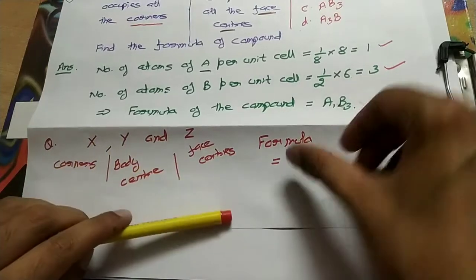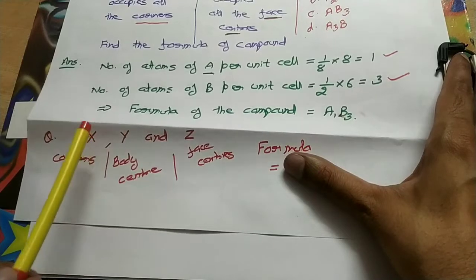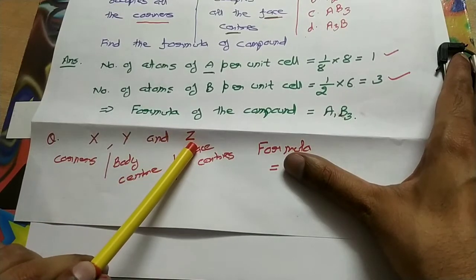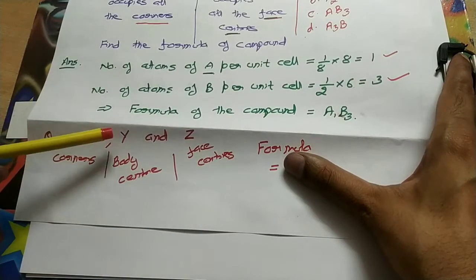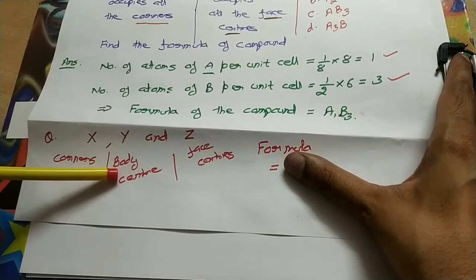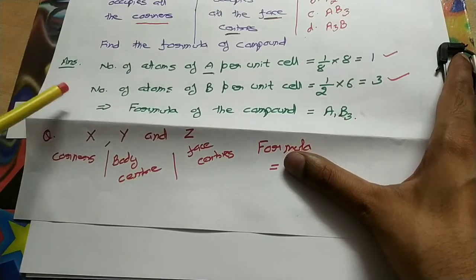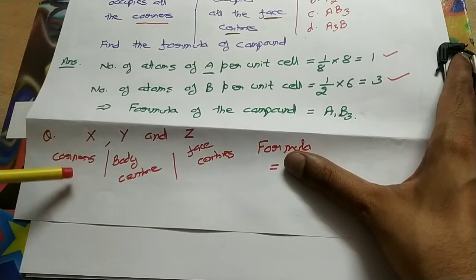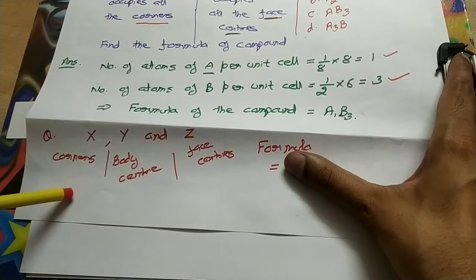The compound is made up of atoms of X, Y and Z. Atoms of X occupies corners, Y occupies body center, and atoms of Z occupies face center. What is the formula of this compound? Students, X, since atoms of X are present at corners, so number क्या हो जाएगा? 1 by 8 into 8 equal to 1. याद रखना 1.